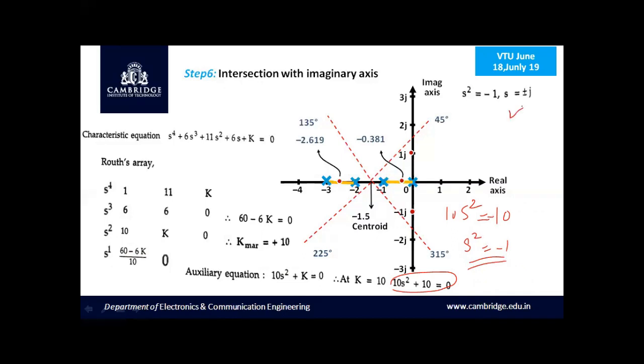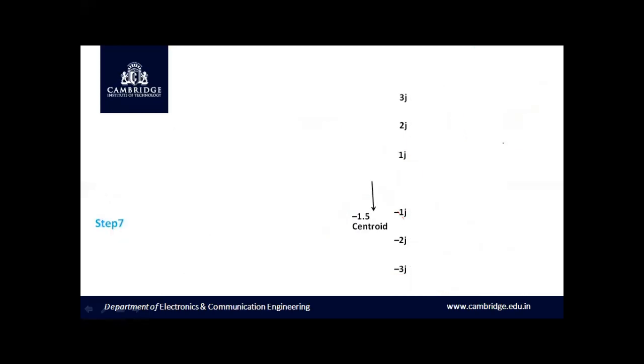Hence, s is equal to plus or minus j, which means that we have two roots on the imaginary axis. Therefore, at k is equal to 10, exactly the system is marginally stable. Let us move on to the next step.